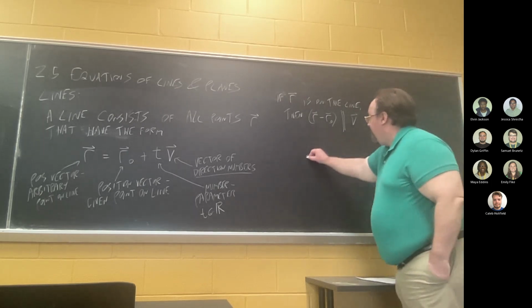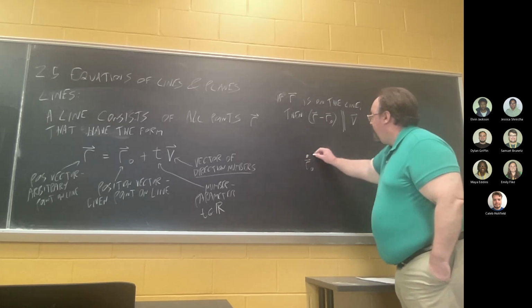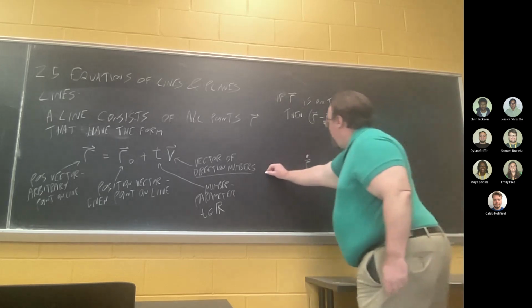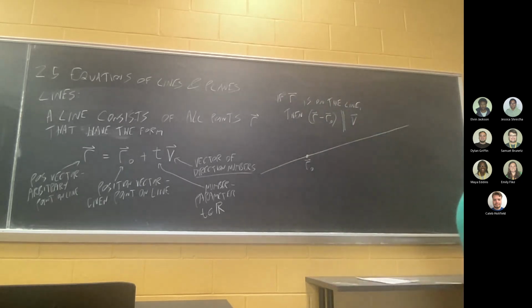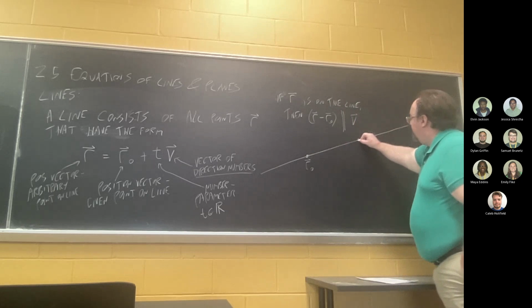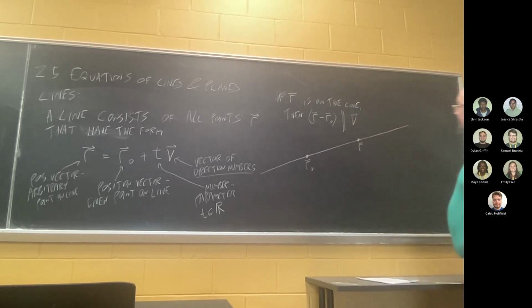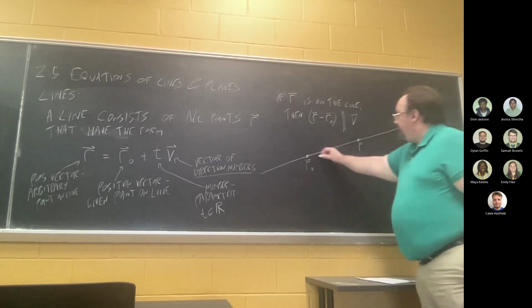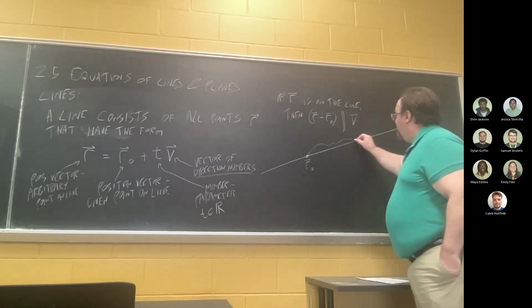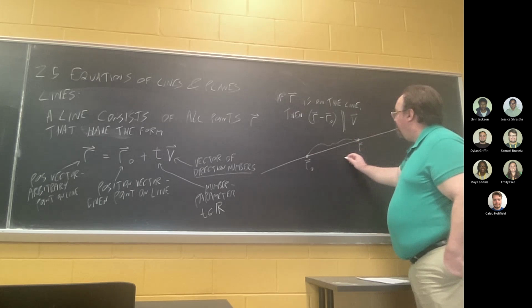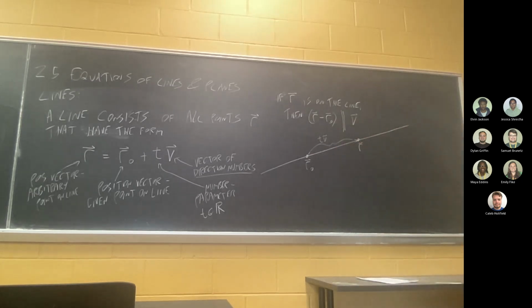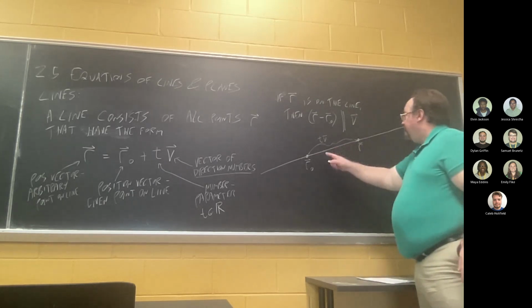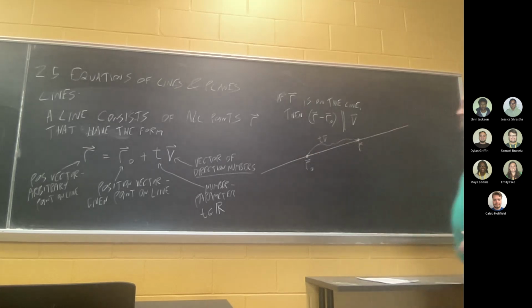So draw a picture. Here's my point r naught. Here's the line passing through r naught. Here's some other point r that's on the line. So the vector between r and r naught is t times v. So v could be pointing in this direction or in this direction, depending on whether t is positive or negative.